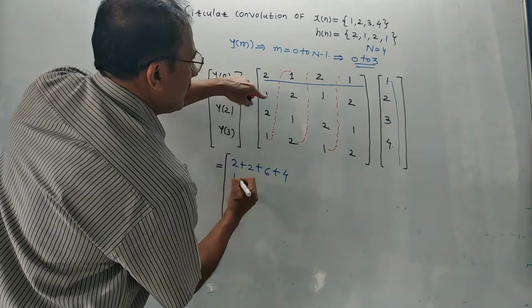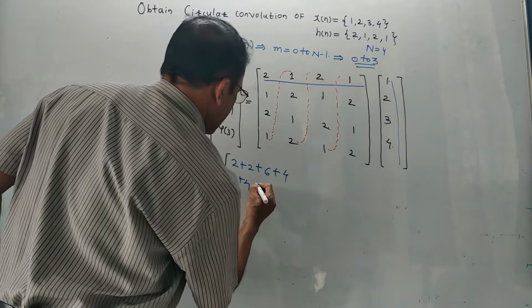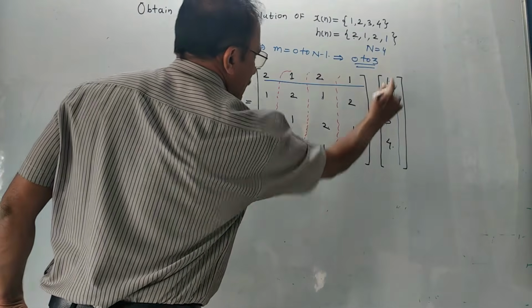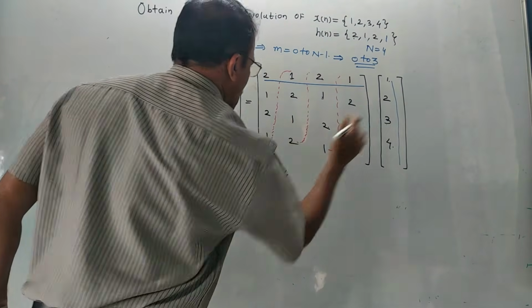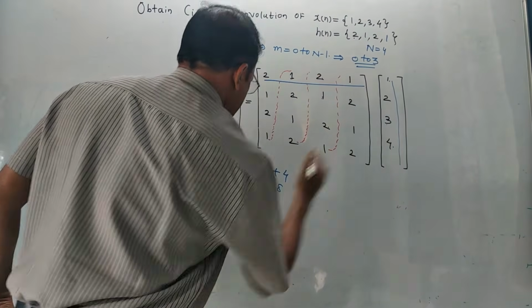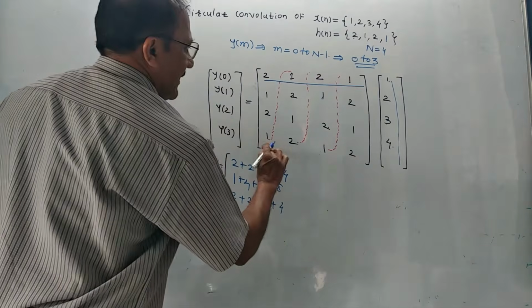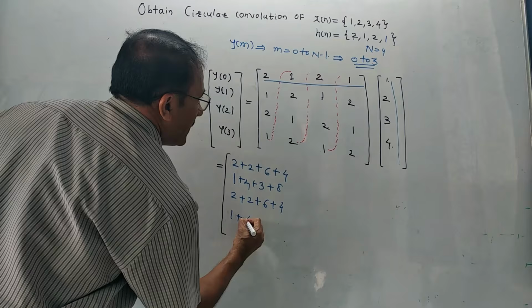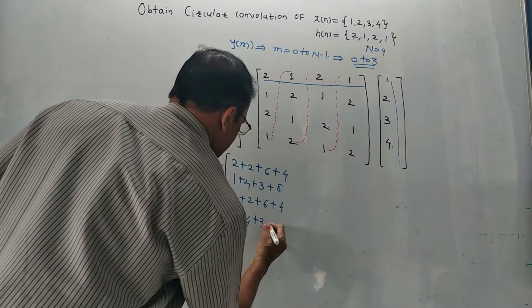So 1 into 1, 1, 2 into 2, 4, 1 into 3, 3, 2 into 4, 8. Then third row, same column. 2 into 1, 2, plus 1 into 2, 2, 2 into 3, 6, 1 into 4, 4. Then last row, same column. 1 into 1, 1 plus 4 plus 3 plus 8.